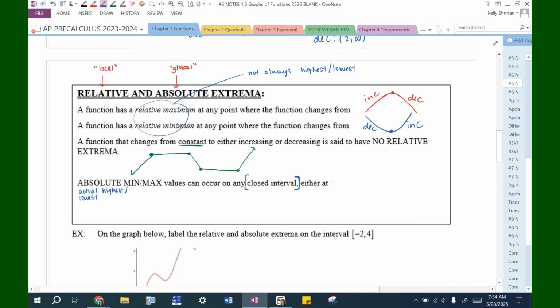So on any closed interval, they can either happen at the end points of that interval. So if I say, take a look at a graph from -10 to 10, -10 could be where a relative max or where an absolute max or min is, or +10. Or it could happen if there's a relative extrema. Maybe that is actually the highest point.